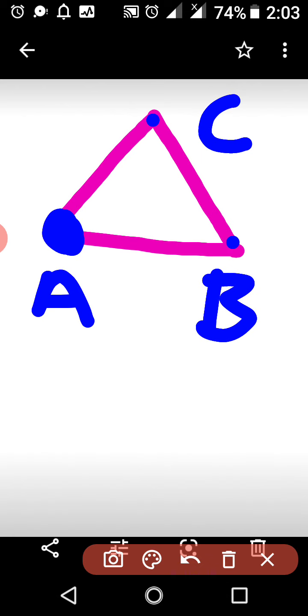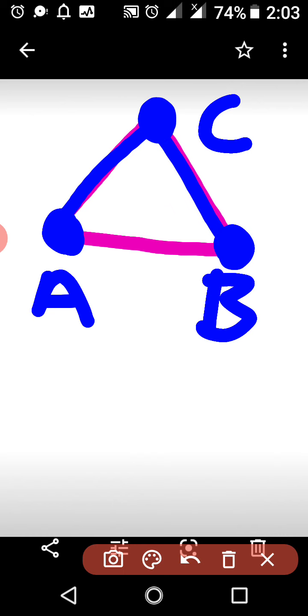For vertex B there is no opposite vertex, because C is adjacent and A is also adjacent. For the point C there is no opposite vertex because A is adjacent and B is also adjacent. So for a triangle we can't draw diagonals. That's why I'm going to take one more polygon.